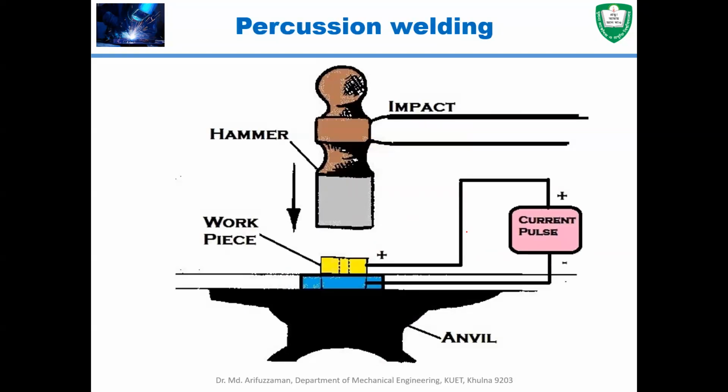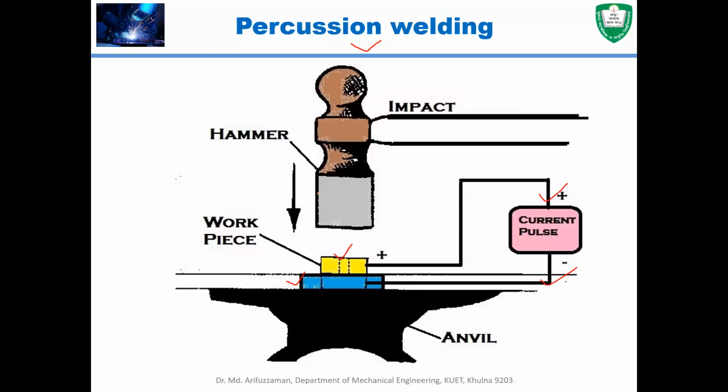Last one is the very conventional type of percussion welding, mostly used in electronic or electrical industries, where you want to join two different types of material together. Like if you have a copper wire to be joined with an aluminum surface or a different type of wire, then you can do it with the help of percussion welding. That means you connect them together with the help of current.